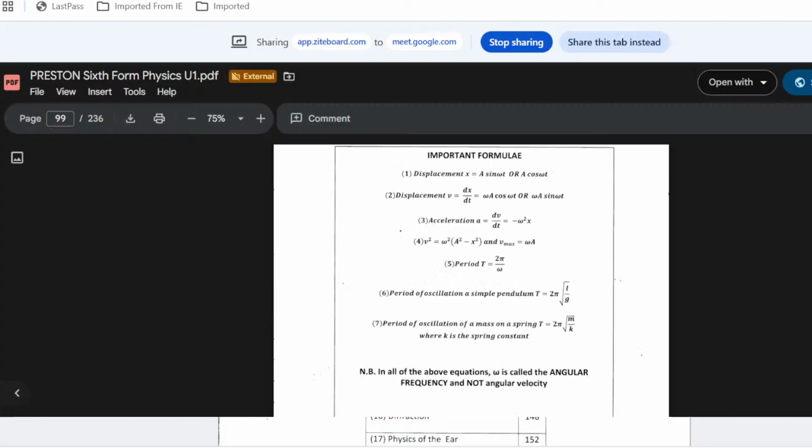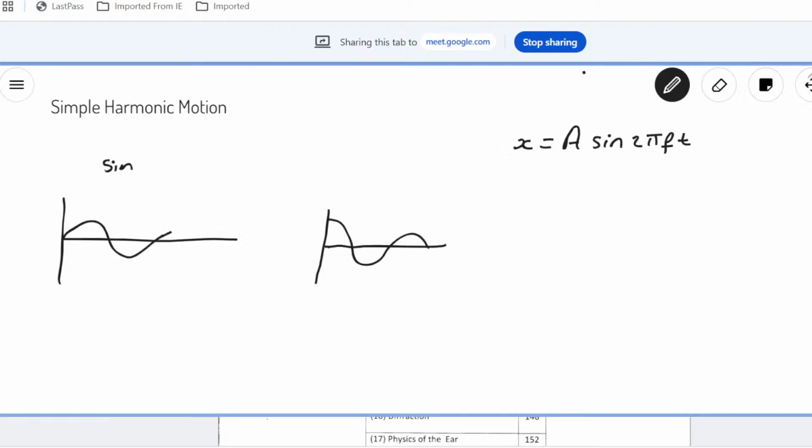All right, so you have similar equations for the velocity. We can, it looks similar.